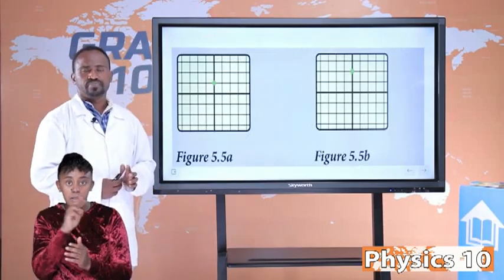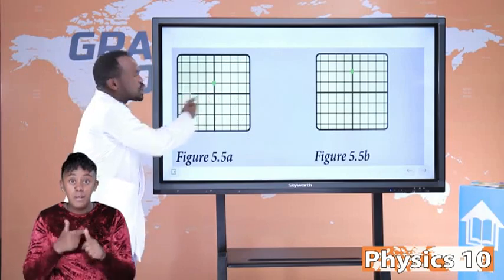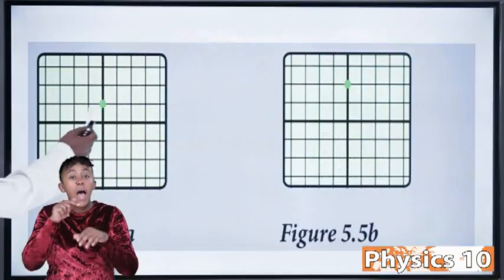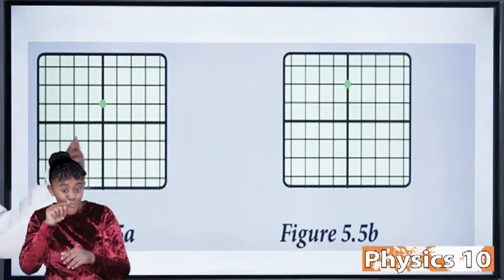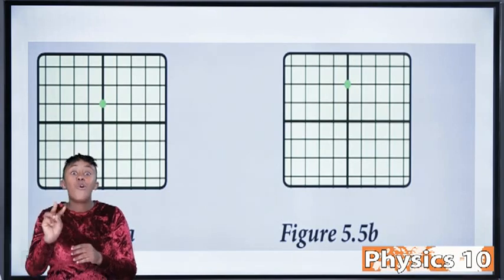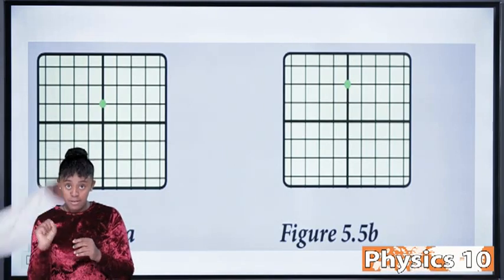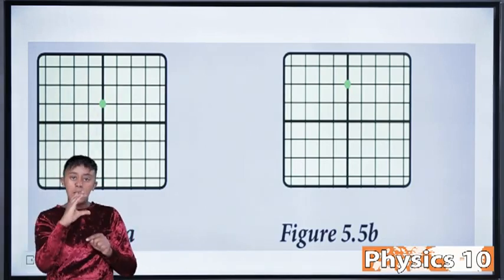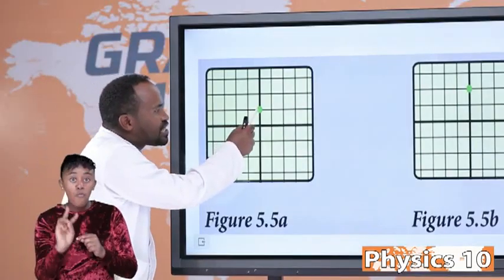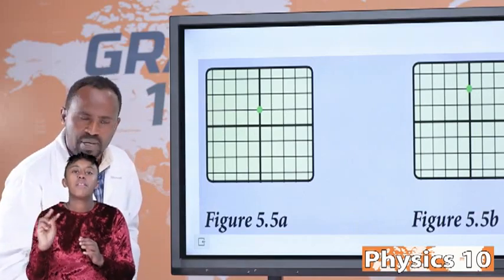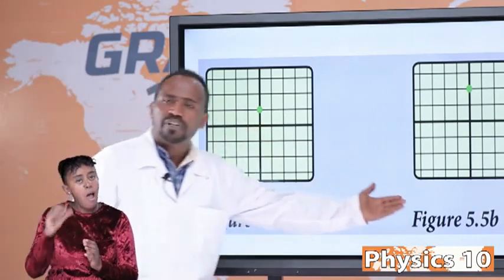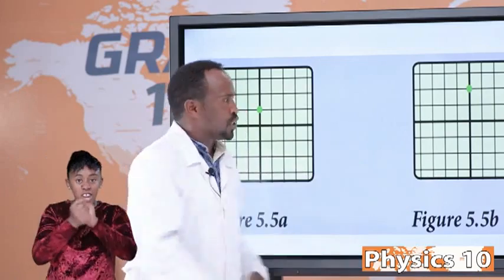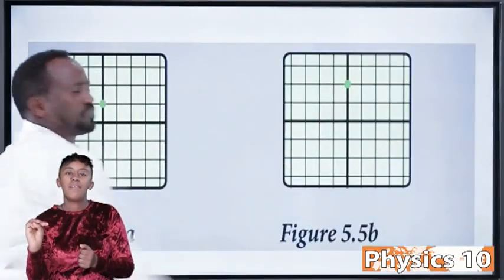Look at the diagram. Students, here is the first spot. At this first spot, the sensitivity set is 3 volts per centimeter. Each triangle contains 1 centimeter, and the voltage read at this spot is 3 volts per centimeter. Look, an unknown potential deflects the spot by 2 centimeters.